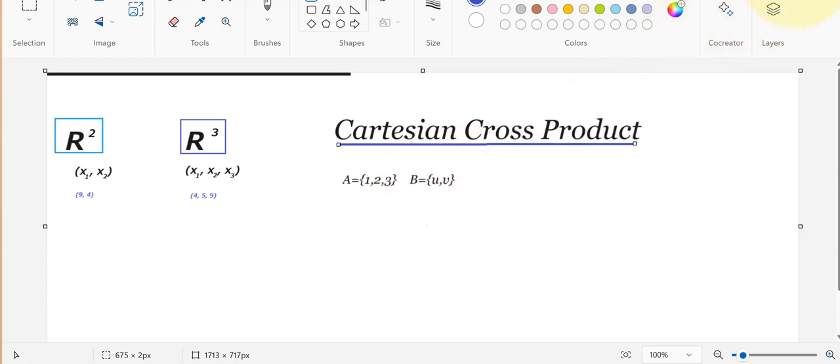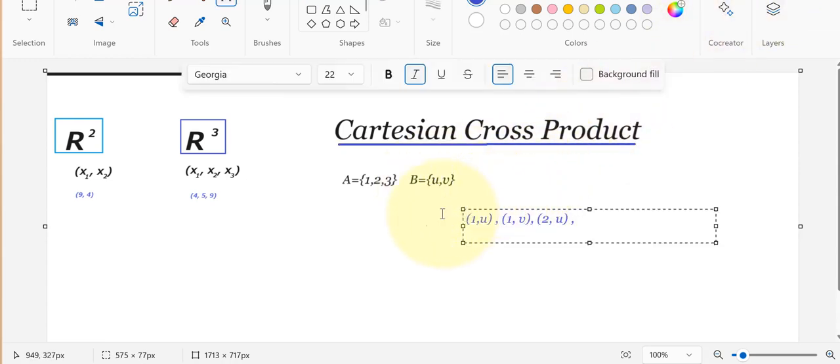So we take 1 and u, and we form 1 comma u. Then we take 1 and v, and form 1 comma v. Then we take 2 and u and form 2 comma u. Then we take 2 and v and form 2 comma v. And then we just continue until we exhaust all the possibilities.